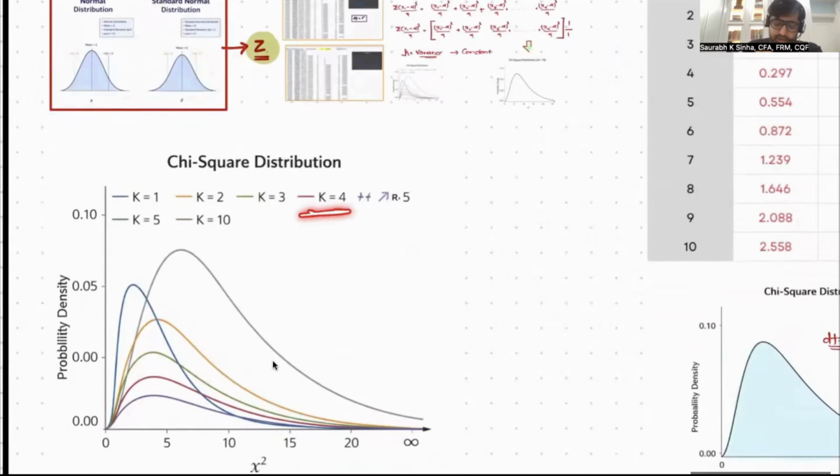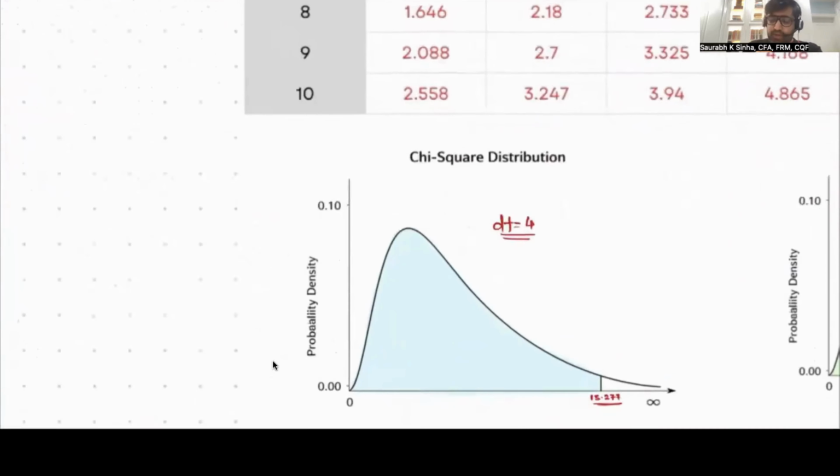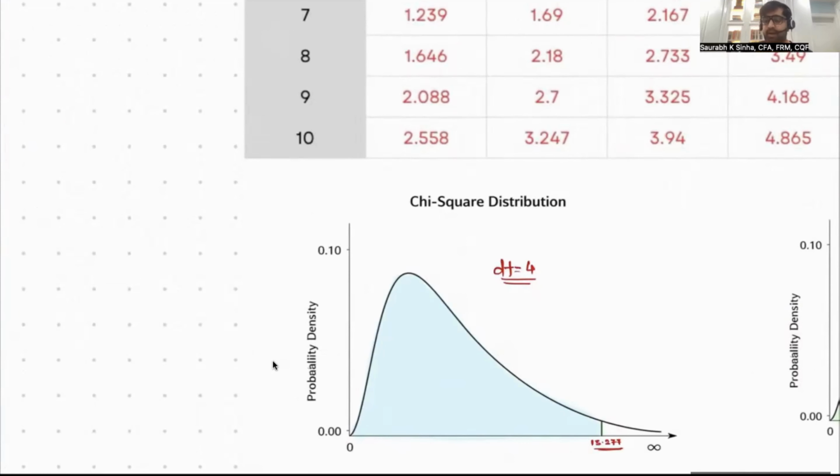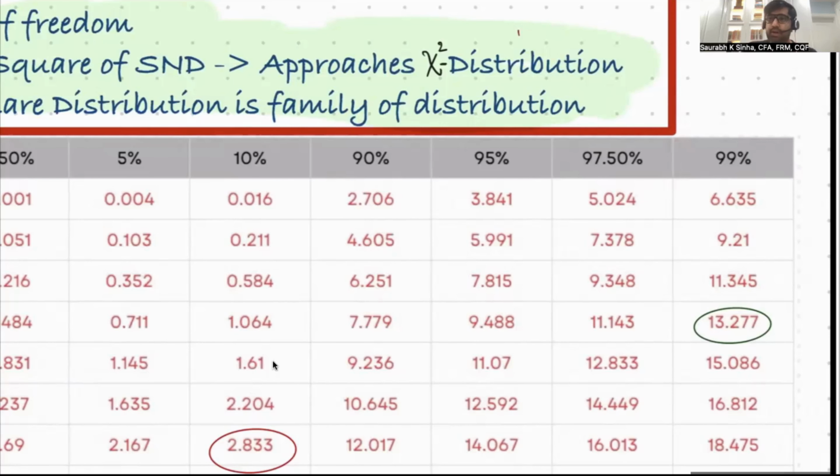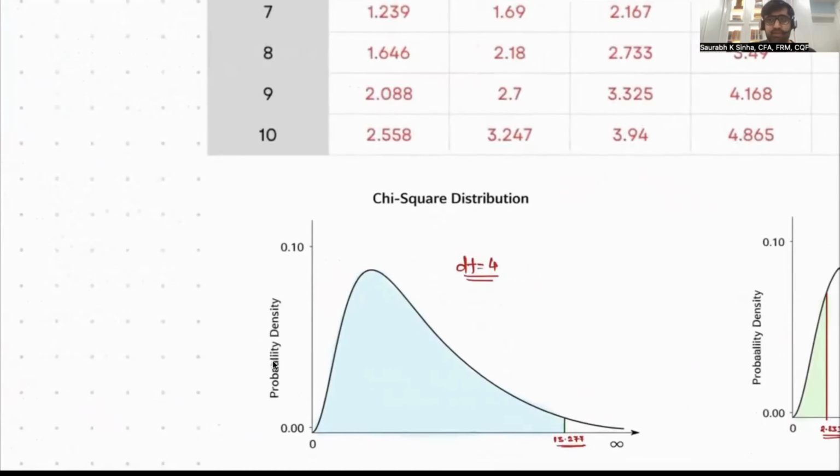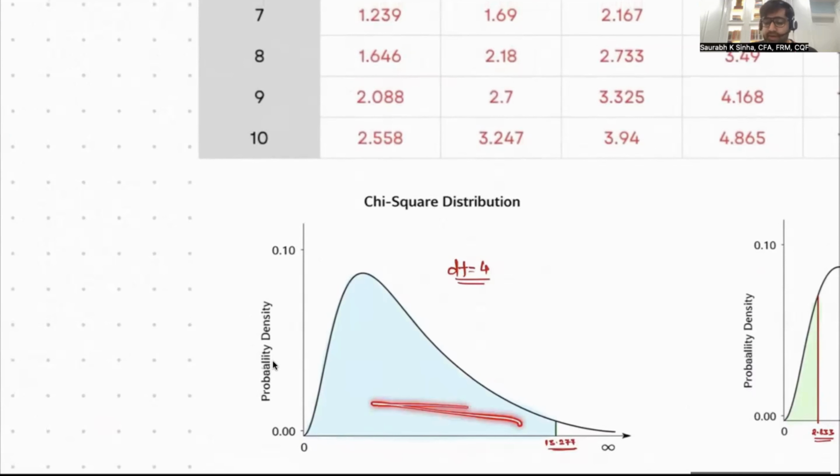So assume this is that chi-square distribution. Now, when you plot this 13.277, you have to look into this number, that is 99%. 99% means that when you plot 13.277, you will cover 99% area towards the left of this number.